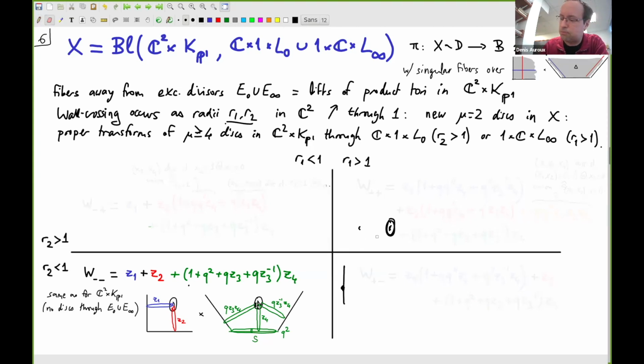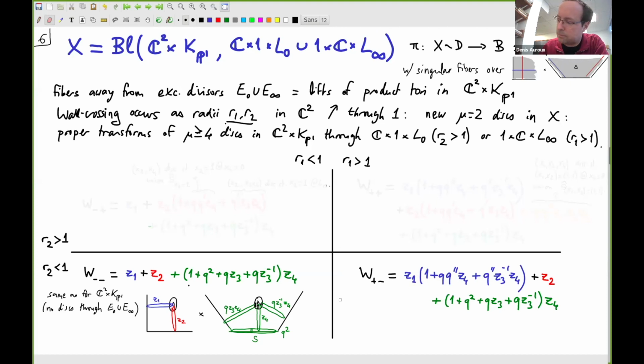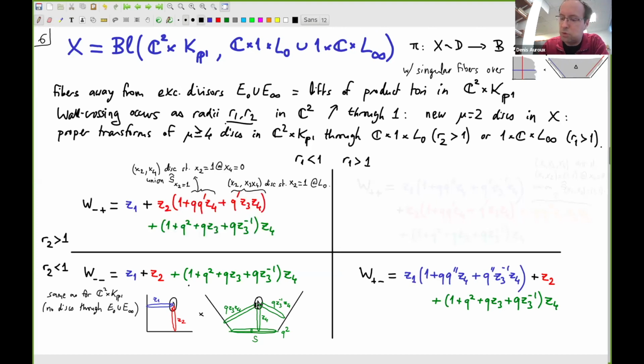And for example, sorry, I think this one is the one I wanted to show first. If I increase the radius in the second factor past 1, so past this blow-up, then now I start having disks that arrange to pass through, for example, so what's the main term here? I think the one I like to show off is this one. This is one of the new terms.